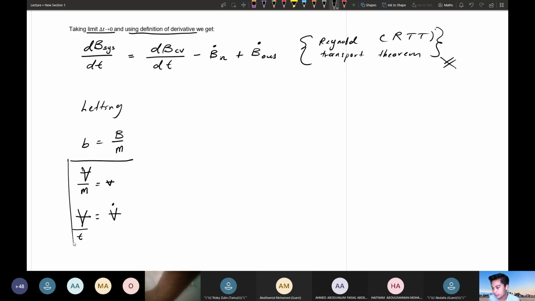We need to know the concept of engineering. Let's say small b is capital B divided with mass. And B control volume is equal to the integral of rho b dV.